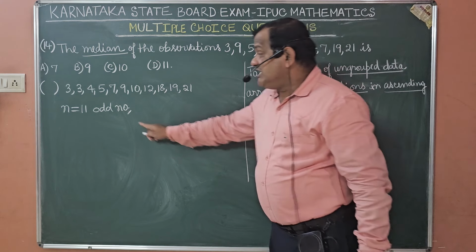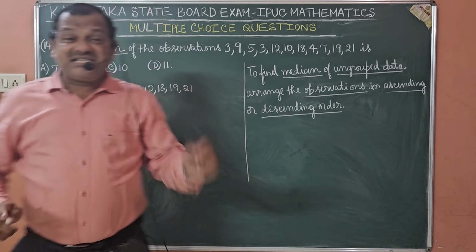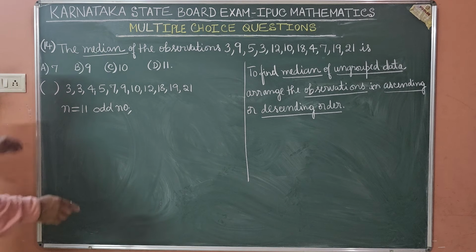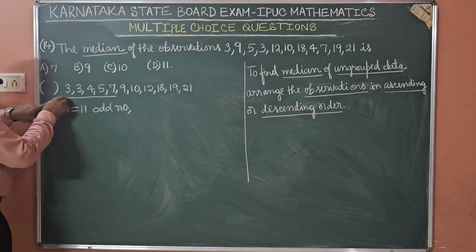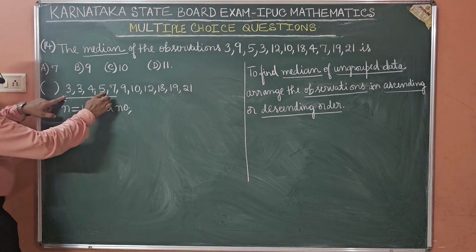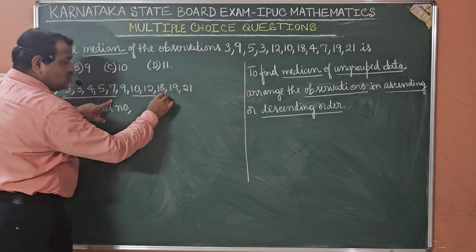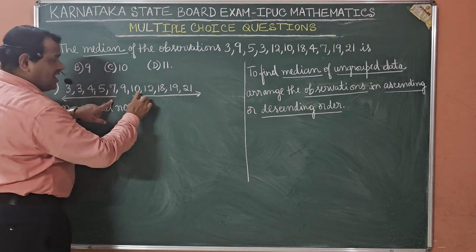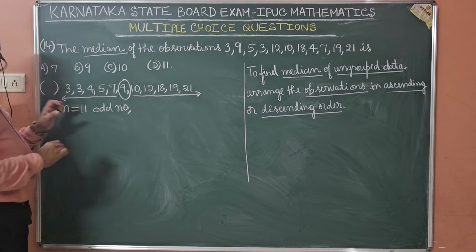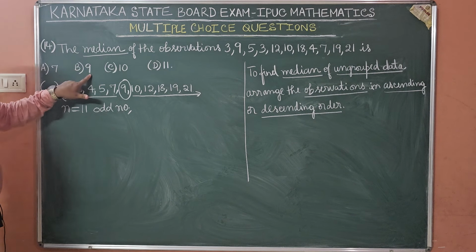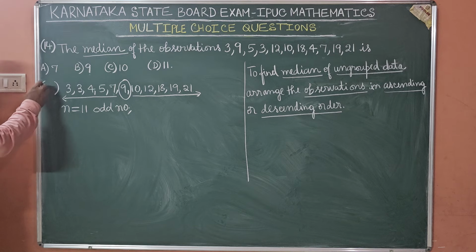But here n is 11, odd, so let us find the middlemost value. I leave 5 values on this side and another 5 values on the other side. See, 1, 2, 3, 4, 5. Therefore, the middlemost value is 9. Hence, 9 is the median, which is found in option B. Therefore, option B is correct.